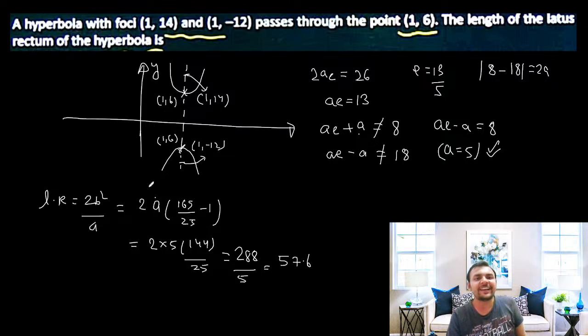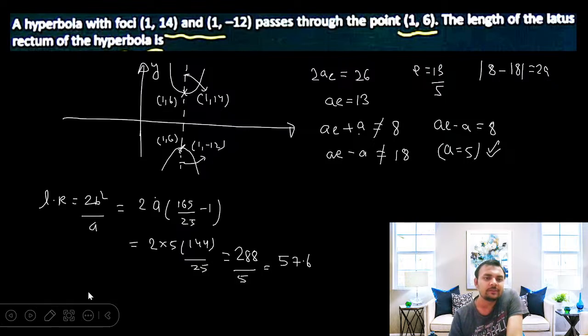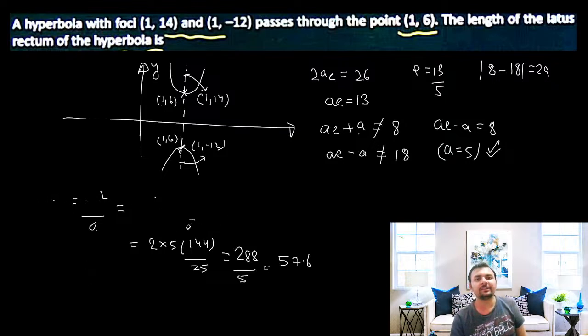So the latus rectum is 2b square by a when it is x square minus y square. But here it is y minus x. So we can't follow this thing, isn't it? So we'll have to follow something different.